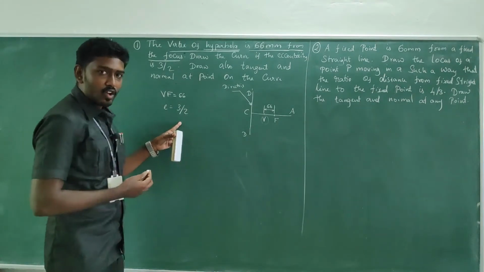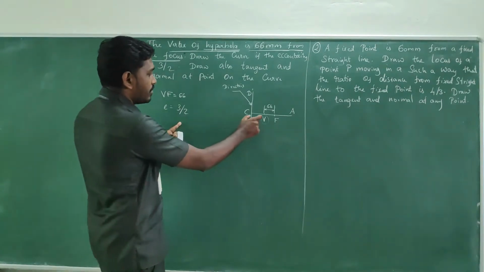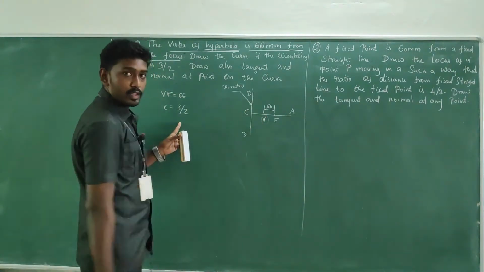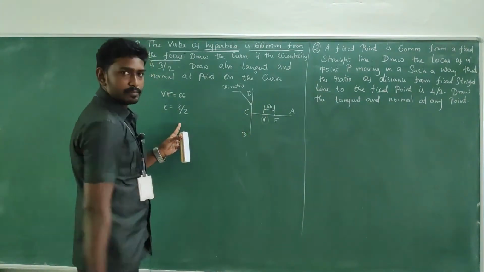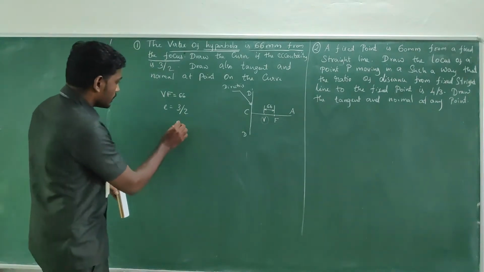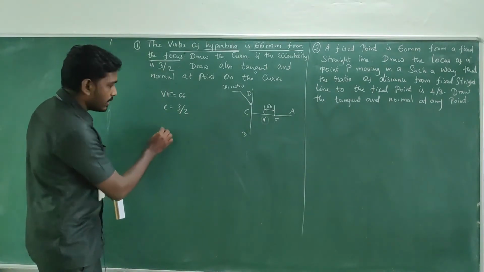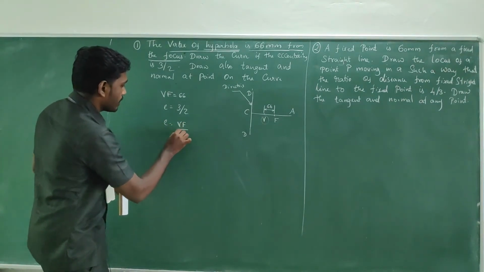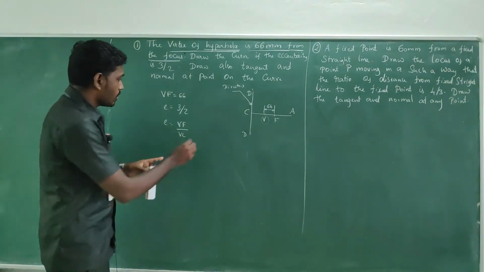So now our task is, we need to identify the distance VC. That can be taken from the eccentricity. We know the eccentricity is VF divided by VC.